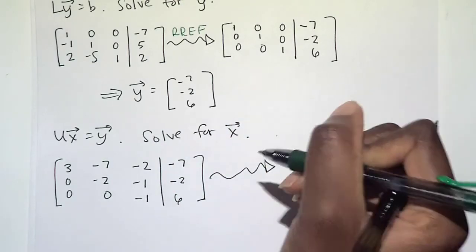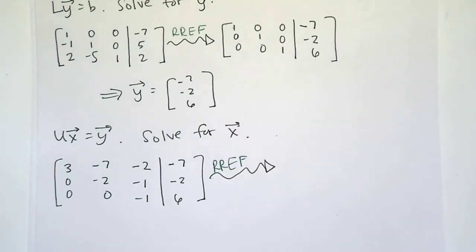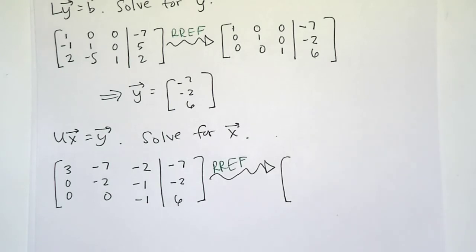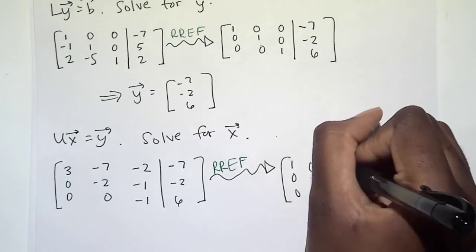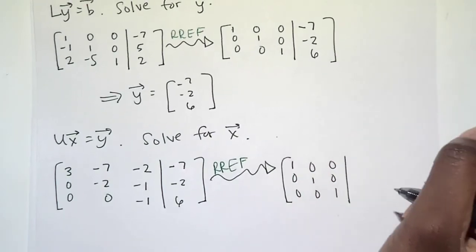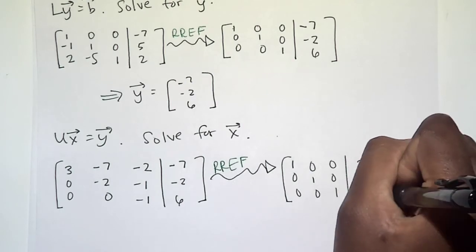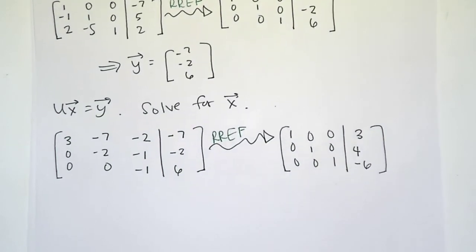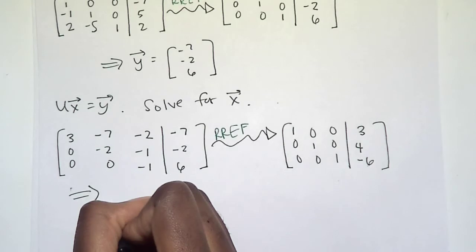And we're going to row reduce. All right, down the columns, I have the identity. And I get 3, 4, -6. So I have now solved for X.